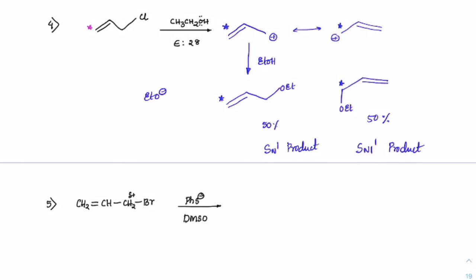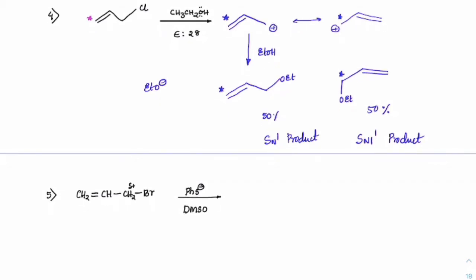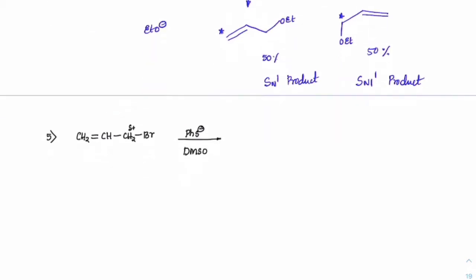While doing SN2 also here, what we are expecting is CH2 double bond CH here, and we have CH2, bromine is leaving, and our expectation is PhS minus will attack from here, bromine will leave from here, leading to an SN2 reaction.